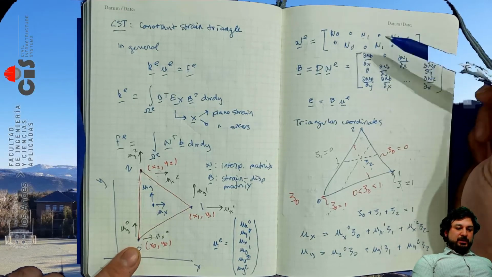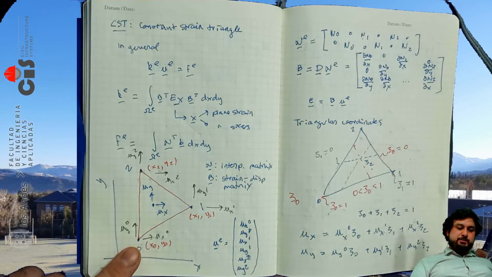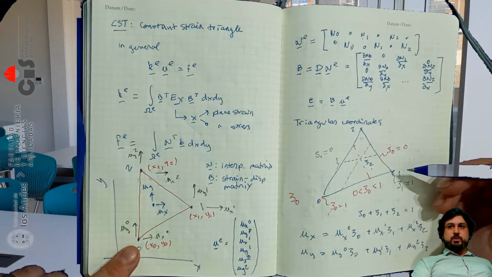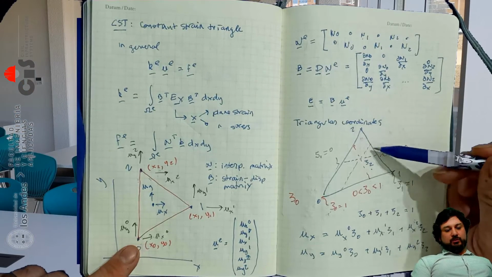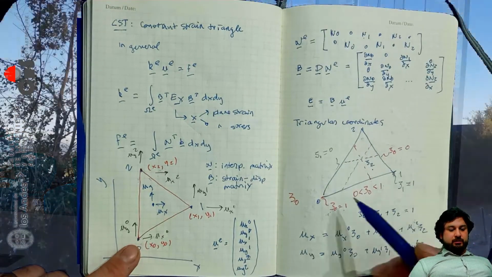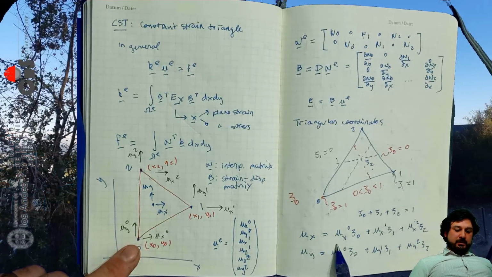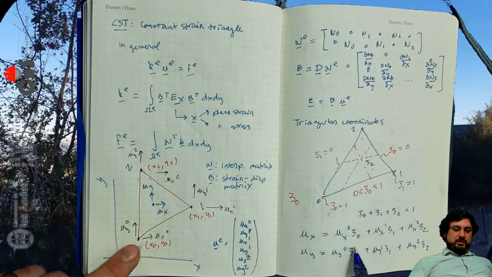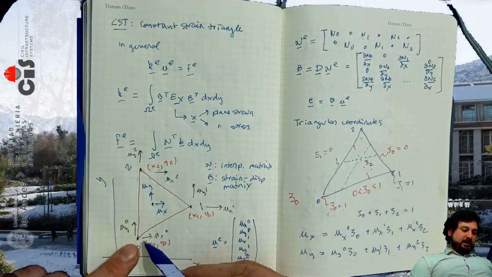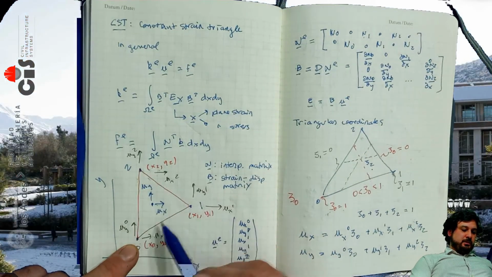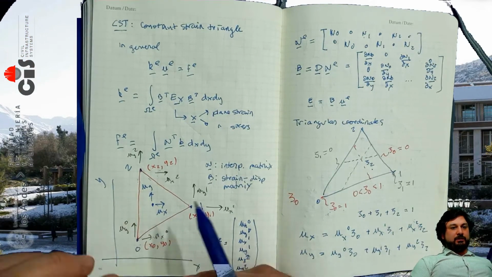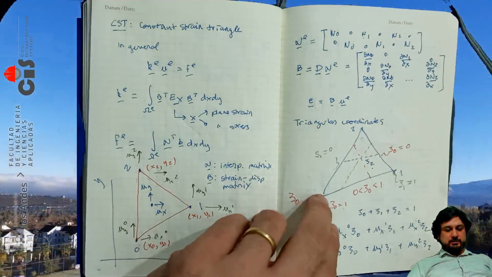We remembered what the interpolation matrix is, what the strain displacement matrix is, and we introduced this concept of triangular coordinates, which is a way to move inside a triangle without actually specifying the coordinates, so agnostic to the actual definition of the triangle. With triangular coordinates, we get an easy way to interpolate the displacement field. That is, given the nodal displacements, give us a value of the displacement field inside the element.